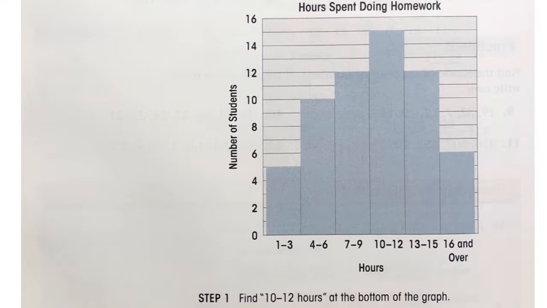We have the data set having an interval, number of students, and then hours spent doing homework. So we've got 5 between 1 and 3 hours, 10 between 4 to 6 hours, 12 between 7 to 9 hours, 15 between 10 to 12 hours, 12 between 13 to 15 hours, and 6 students spent over 16 hours doing homework.